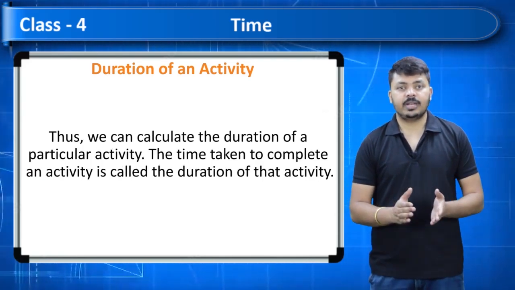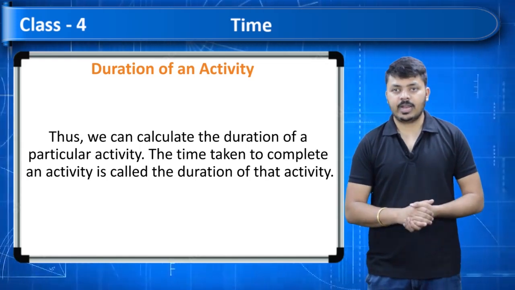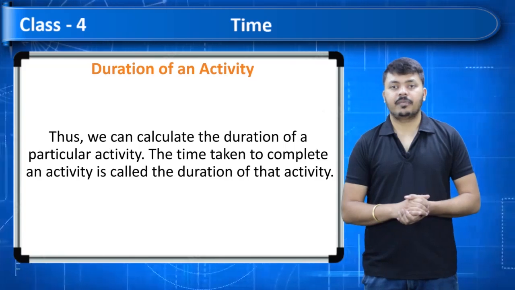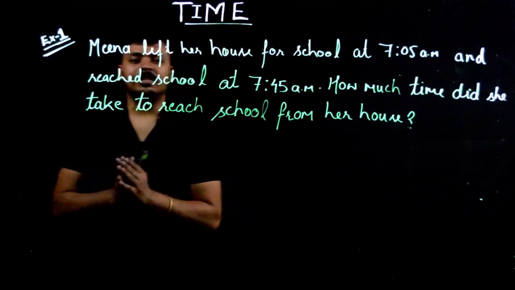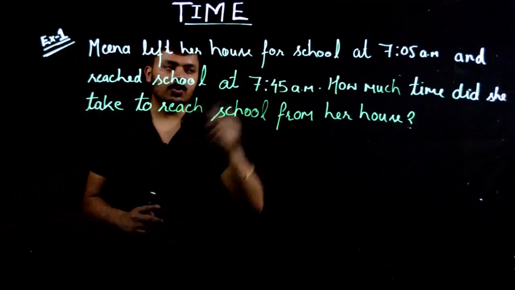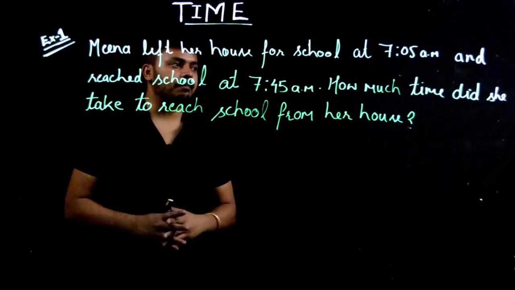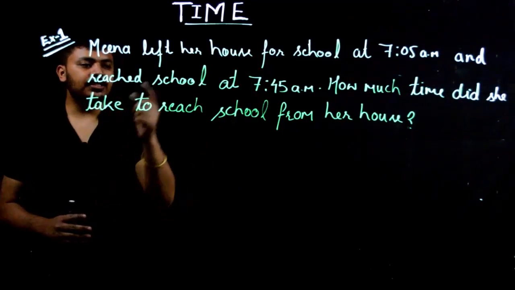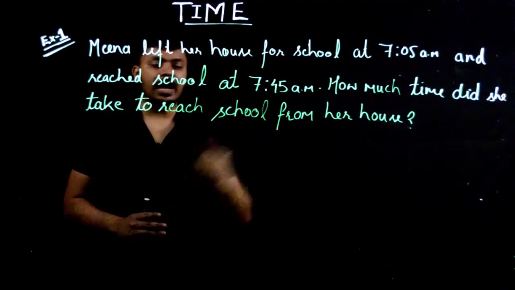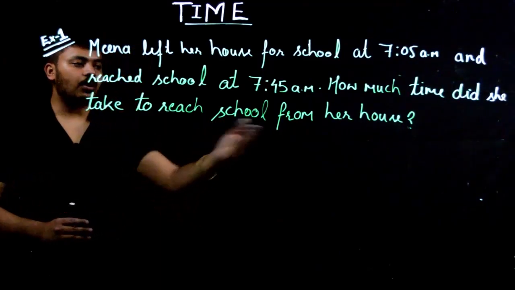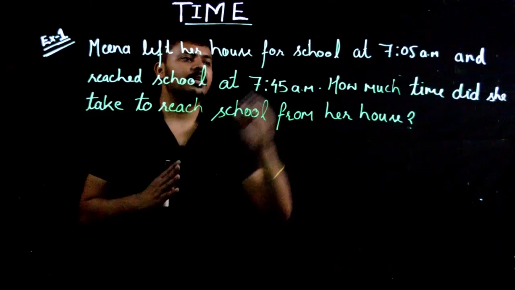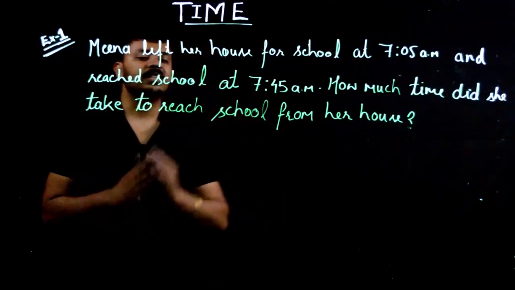Thus we can calculate the duration of a particular activity. The time taken to complete an activity is called the duration of that activity. So students, now let's look at example number 1. Meena left her house for school at 7:05 am and reached school at 7:45 am. How much time did she take to reach school from her house? Here we are given the time at which she leaves her house and the time at which she reaches the school.